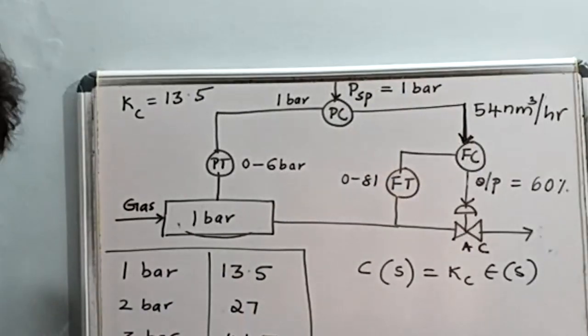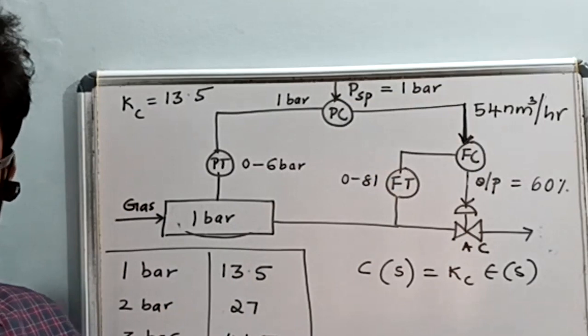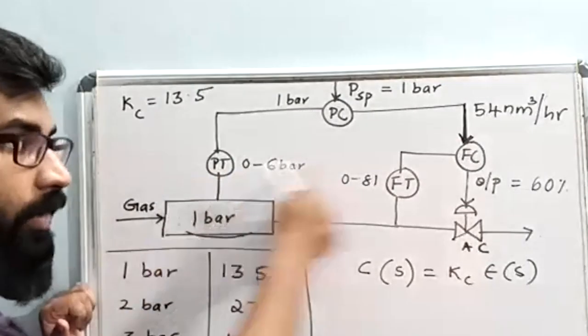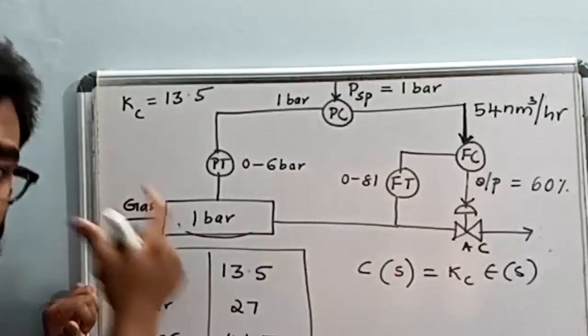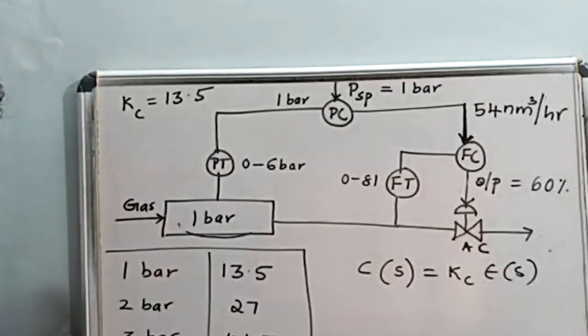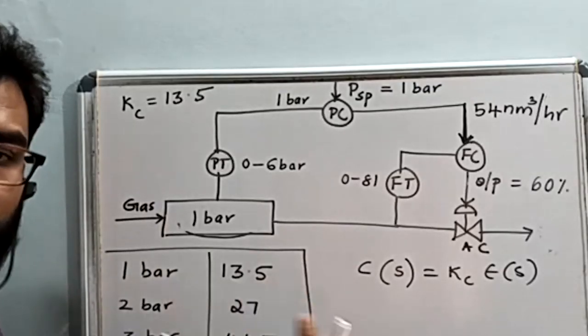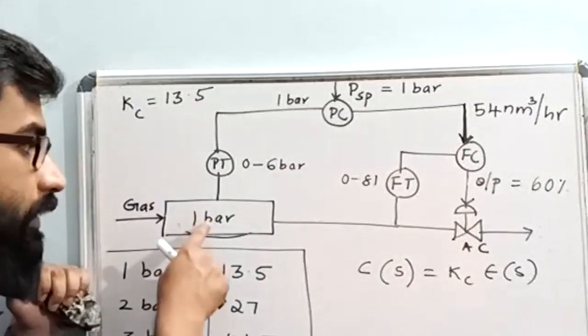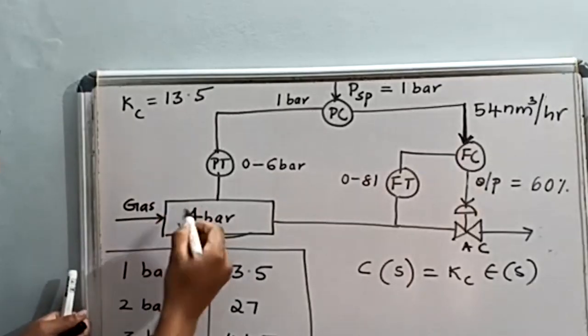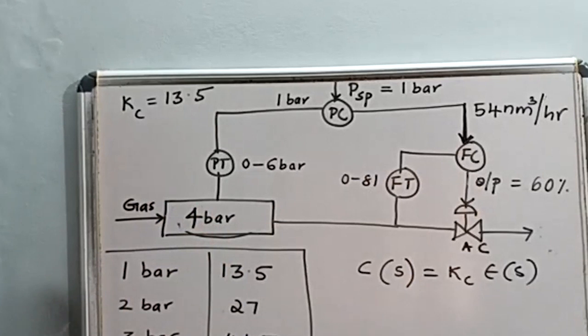So for the given proportional band, for 4 bar pressure, you are getting only 54. In the question also, they are saying: to get 4 bar 54, what should be your proportional band setting? We need the same band setting.